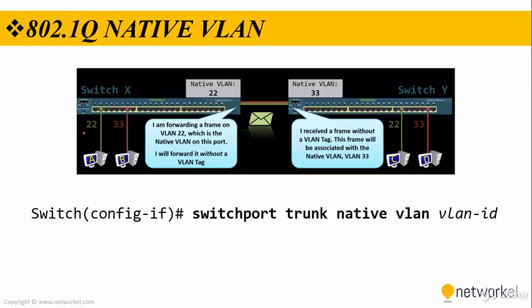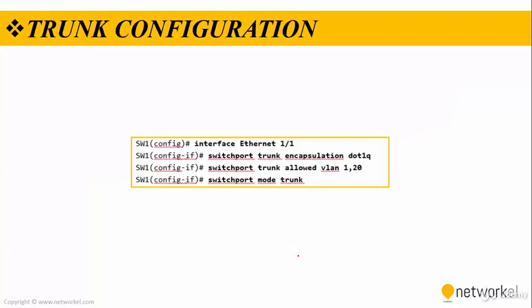The native VLANs between the two different switches must be the same. Otherwise, a native VLAN mismatch warning is shown, and Cisco uses Cisco Discovery Protocol, CDP, when doing this. And please keep in mind that the default native VLAN is 1.